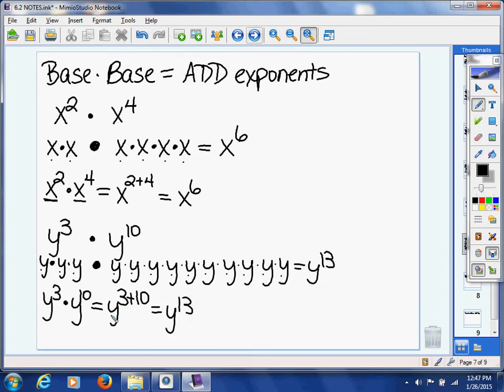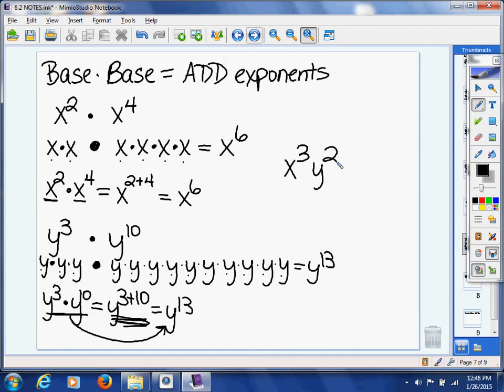Now, if you get comfortable enough that you don't need that step in between, you don't have to write it. You can go straight from here to here if you so desire. It's really, what are you comfortable with? Do you recognize when you have base times base and you can add the exponents? Now, the rule doesn't apply if you have 2 different bases.